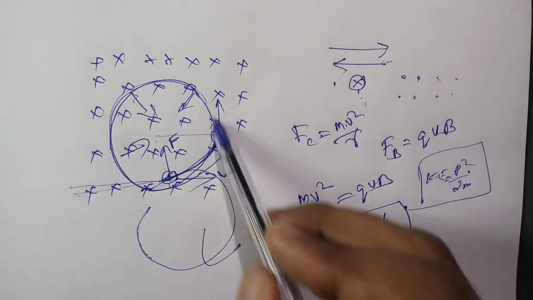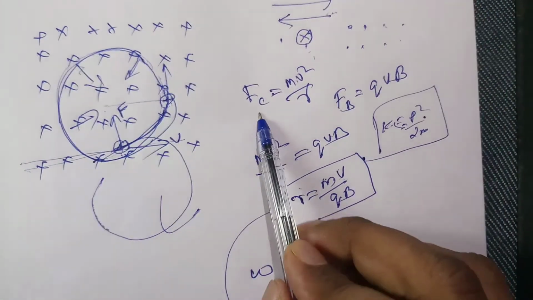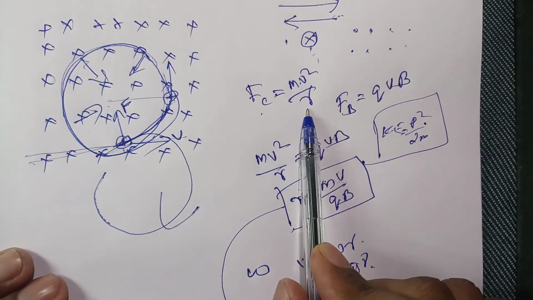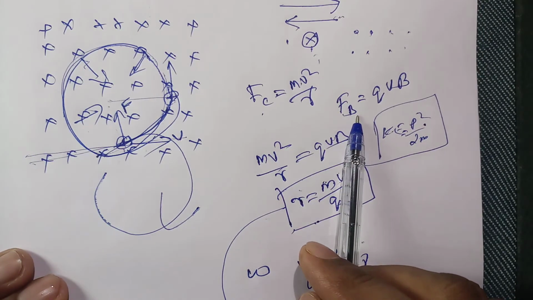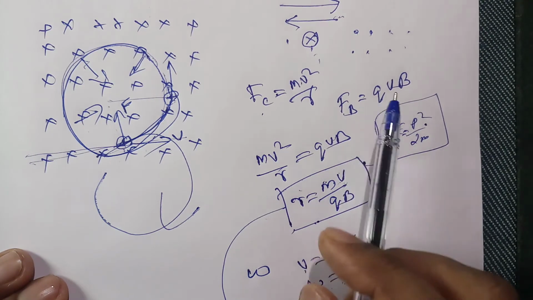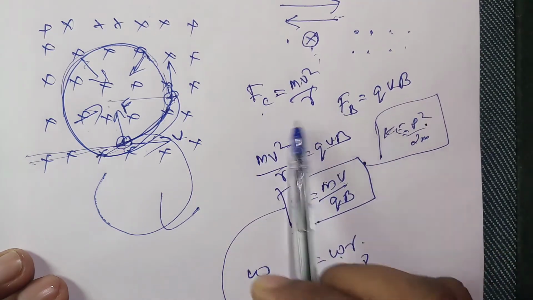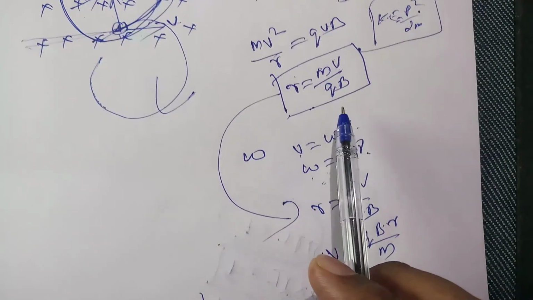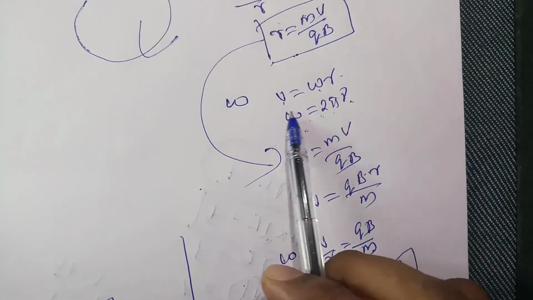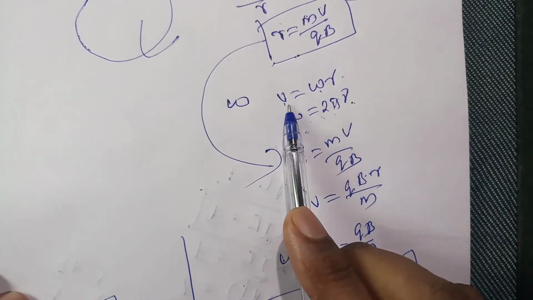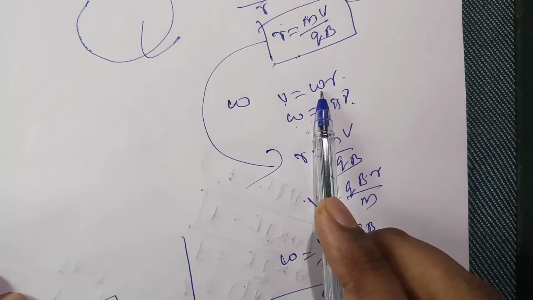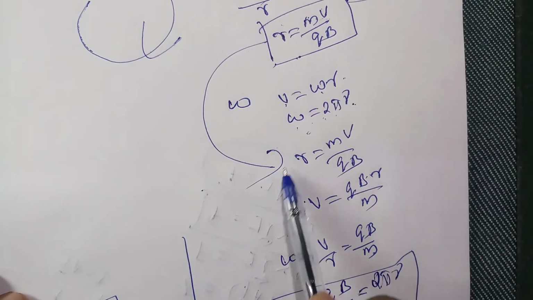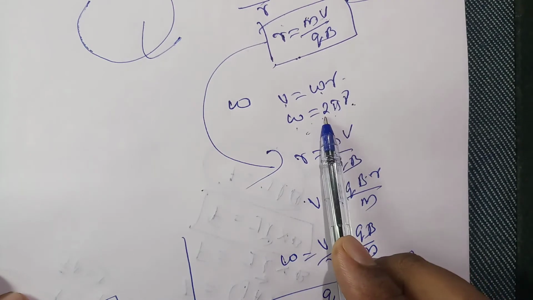For moving in a circular path, it requires a centripetal force Fc, which is mv square by r, and that is provided by the force due to the magnetic field, which is qvB. If you equate this, you will get the equation for radius. The radius is given by mv by qB. Now if you take the relation between velocity and angular velocity, v is equal to omega r, and omega is equal to 2 pi nu.